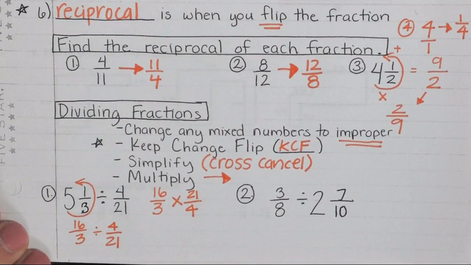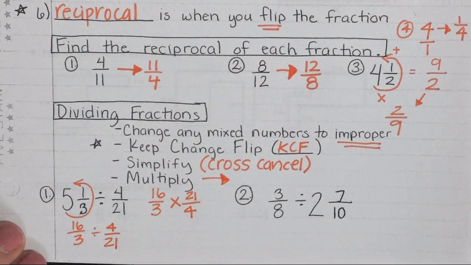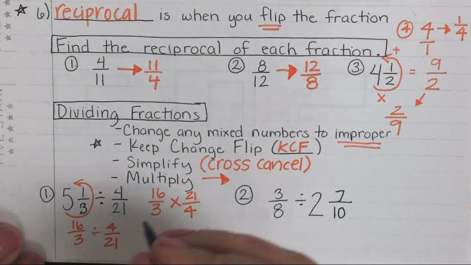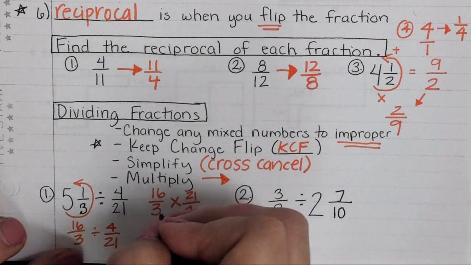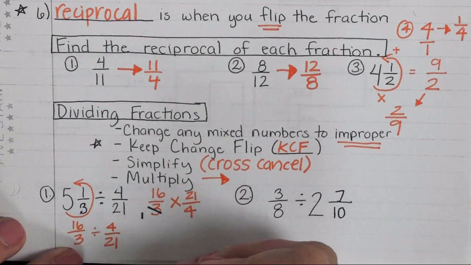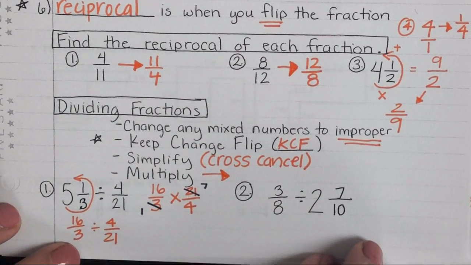At this point, we're now back to where we were last week, and we can cross cancel and multiply. Are there any numbers there I can cross cancel? 3 and 21. What will go into 3 and 21? 3. So 3 goes into 3 one time. 3 goes into 21 7 times. Anything else?